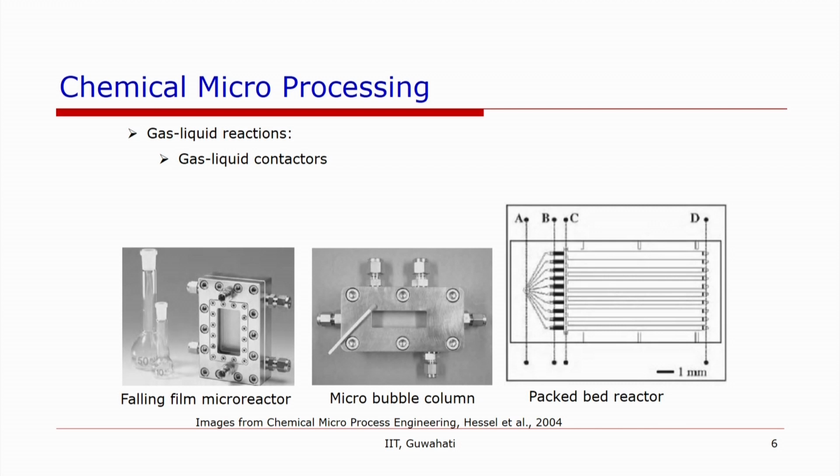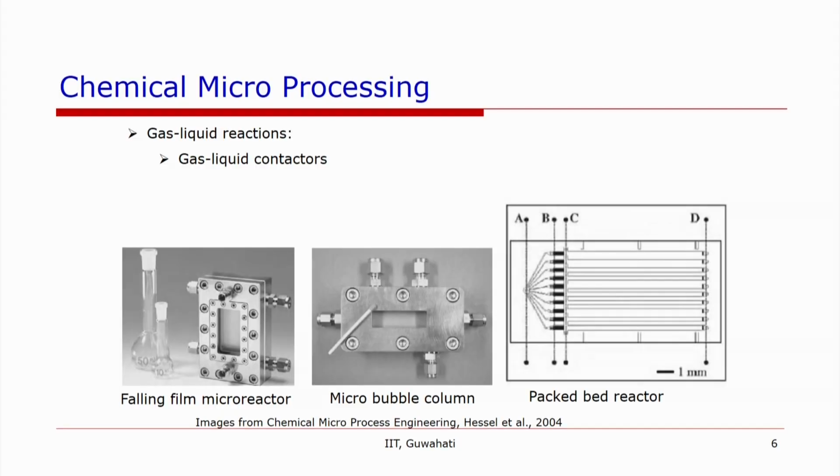Okay. Now, coming to chemical process industries, which is the main area of this course, because this course has been offered under the chemical engineering discipline. Because this is a multi-phase flow course, what I have listed here is some of the gas liquid reactions, and in this image what you see is some of the micro reactors for gas liquid applications.